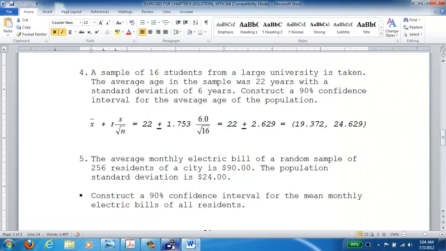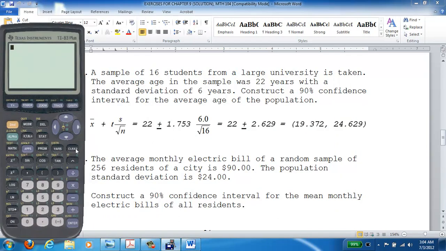So let's go back to the graphing calculator. We go to number 8 again. The x-bar is 22. The standard deviation is 6. The sample size is the same. Change the confidence level.